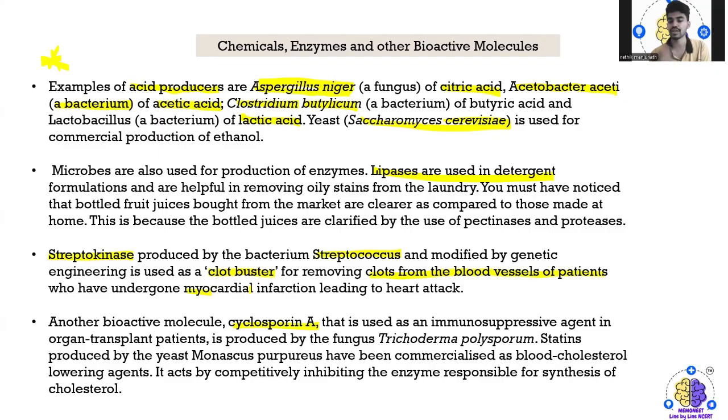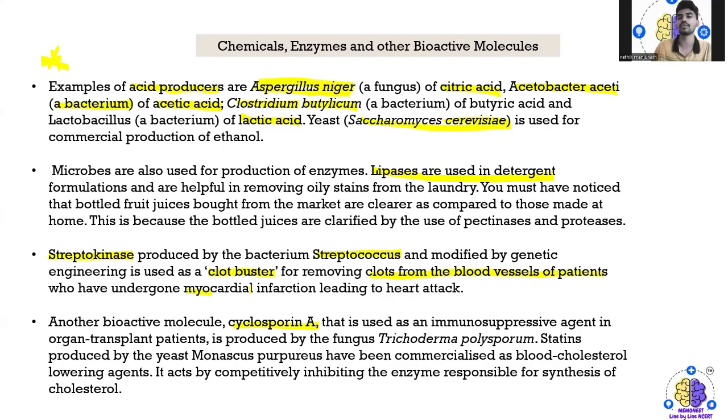They are also used commercially as blood cholesterol lowering agents. They act by competitively inhibiting the enzyme which is responsible for the synthesis of what? Cholesterol.